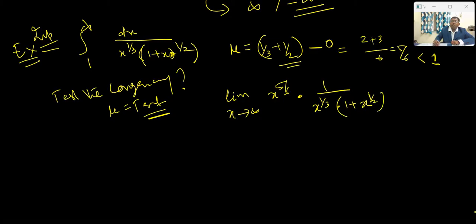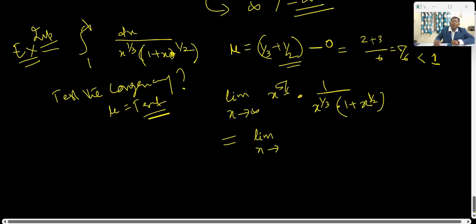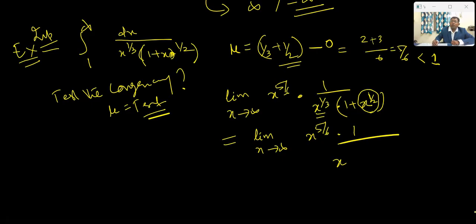Now for the infinite limit, we take the highest power of x common. In the numerator it is x to the power 5 by 6, fine. In the denominator, it is x to the power 1 by 3, and we take x to the power half common here, so 1 by 3 plus 1 by 2 is 5 by 6.